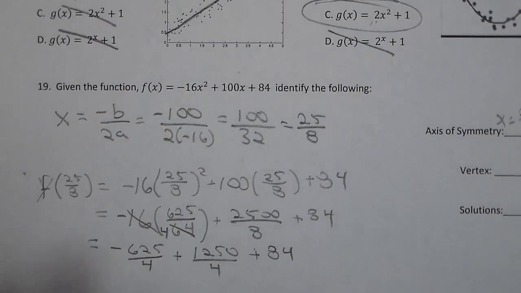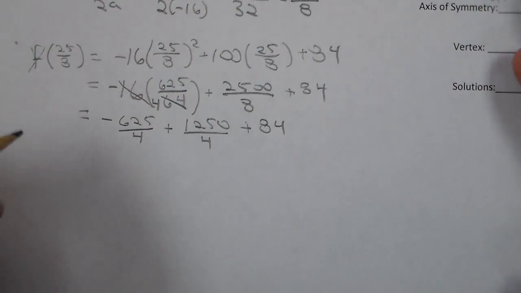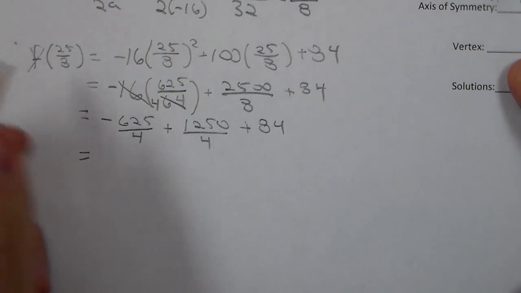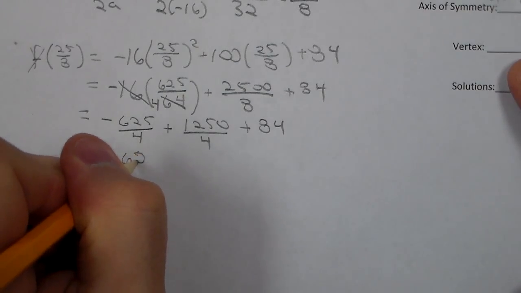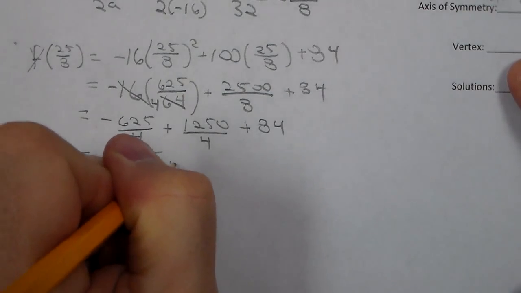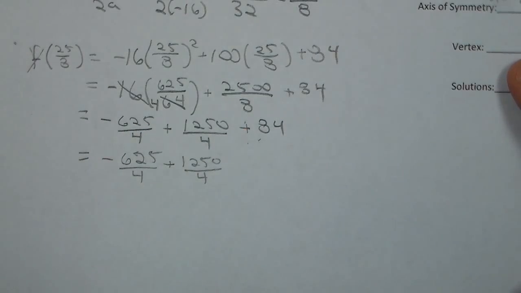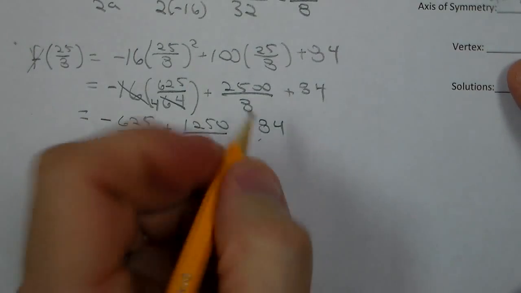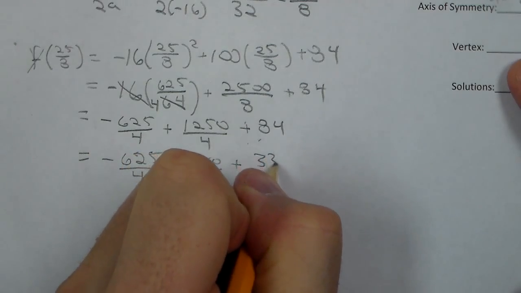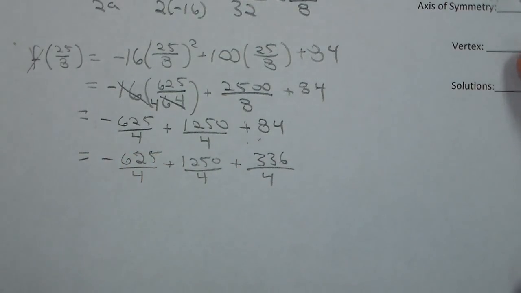Now, I want to get common denominators. So what we'll do from here is we're going to keep it as negative 625 over 4 plus 1250 over 4. And then we're going to make 84, if I multiply it by 4, it's 336 over 4.